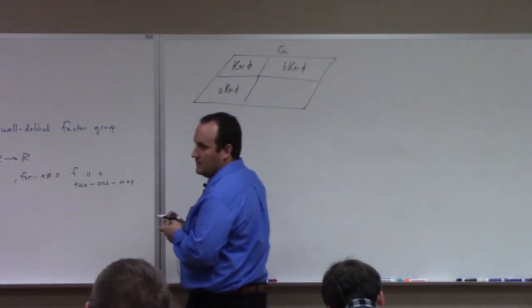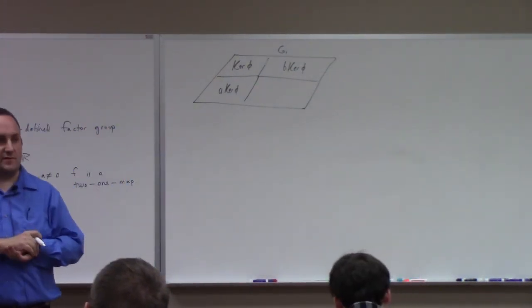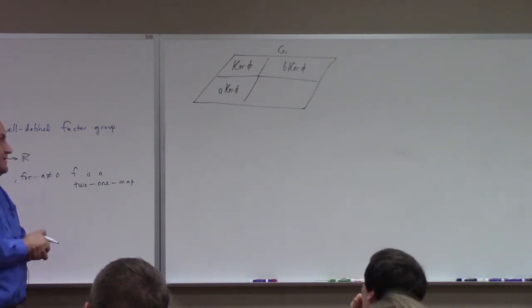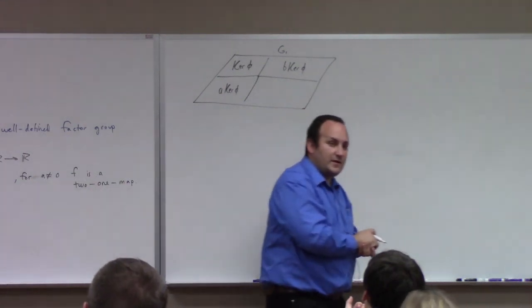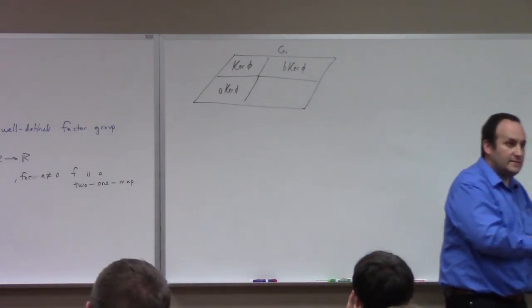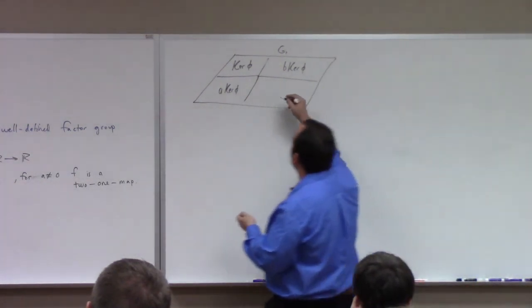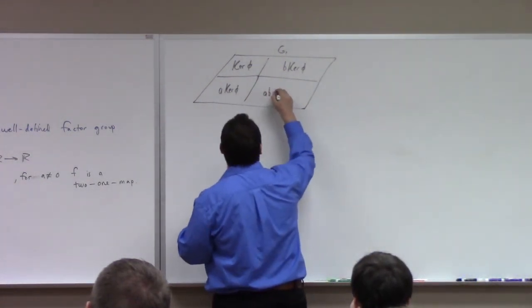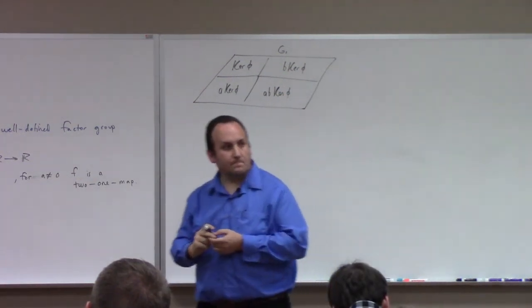The domain G1 is parsed into cosets of the kernel. And these are all the same size. We proved that about cosets. Cosets all have the same size. So maybe this over here is something like AB times the kernel, just to make a silly example.